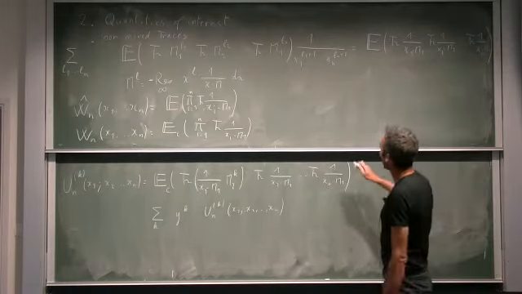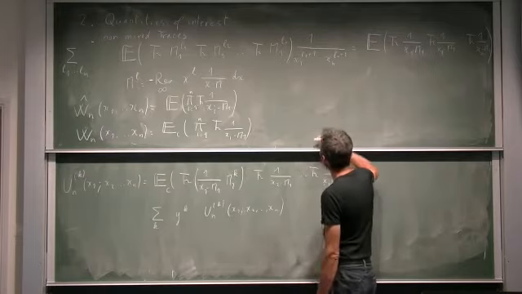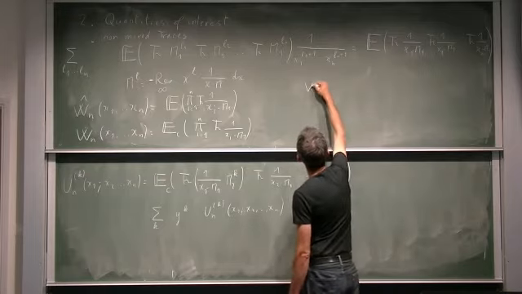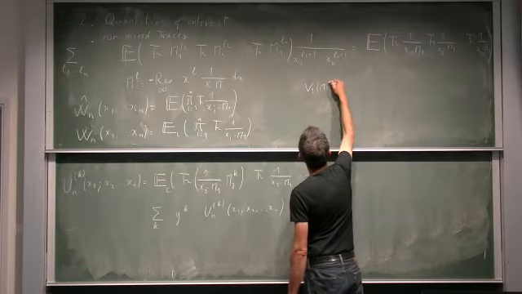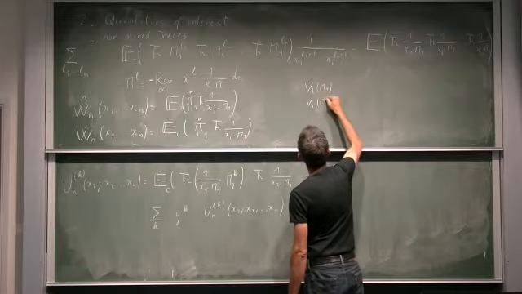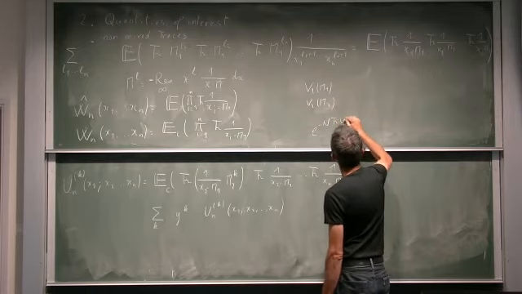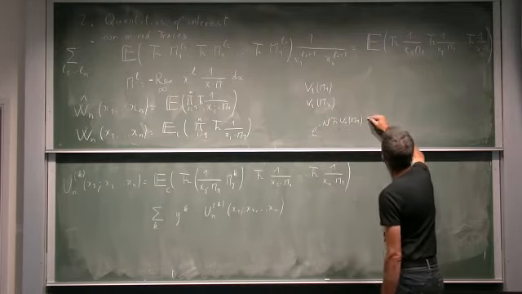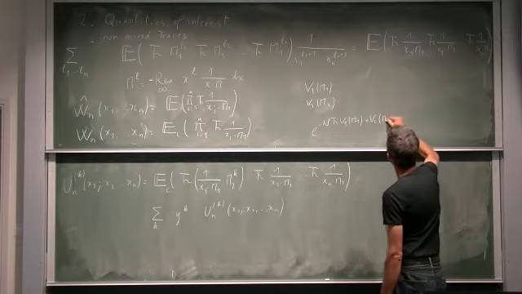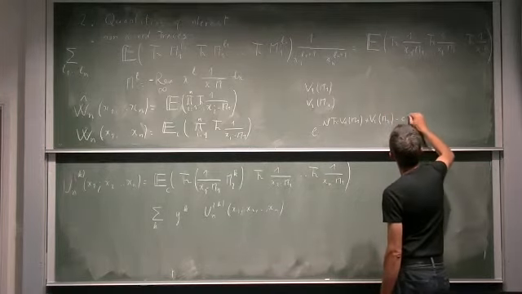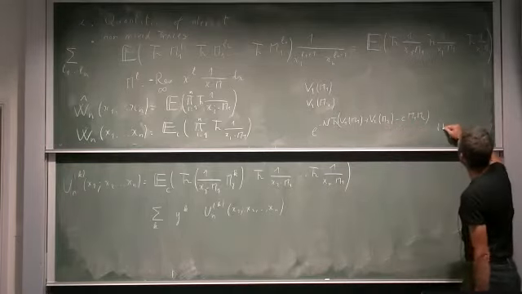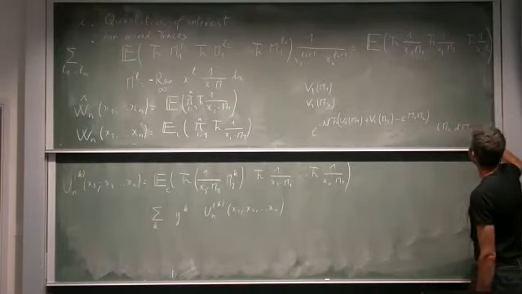You remember I had two polynomials, V1 of M1 and V2 of M2, that entered my probability law, which was exponential of minus N times the trace of V1 of M1 plus V2 of M2 minus C M1 M2, dM1 dM2.